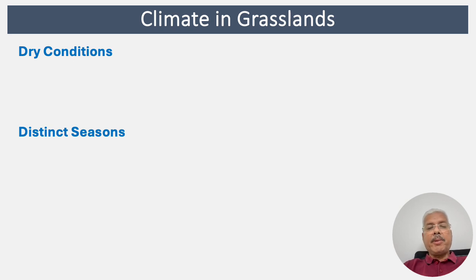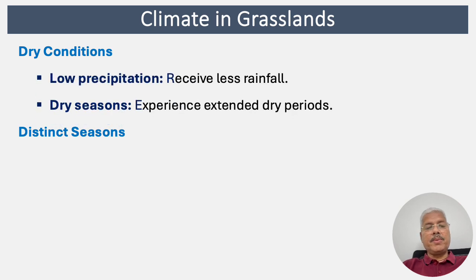Grasslands are characterized by a climate that is generally dry with distinct seasons. Here are the key features of the grassland climate. Grasslands typically receive less rainfall than forests or other ecosystems. Many grasslands experience extended dry periods, which can be challenging for plant growth.